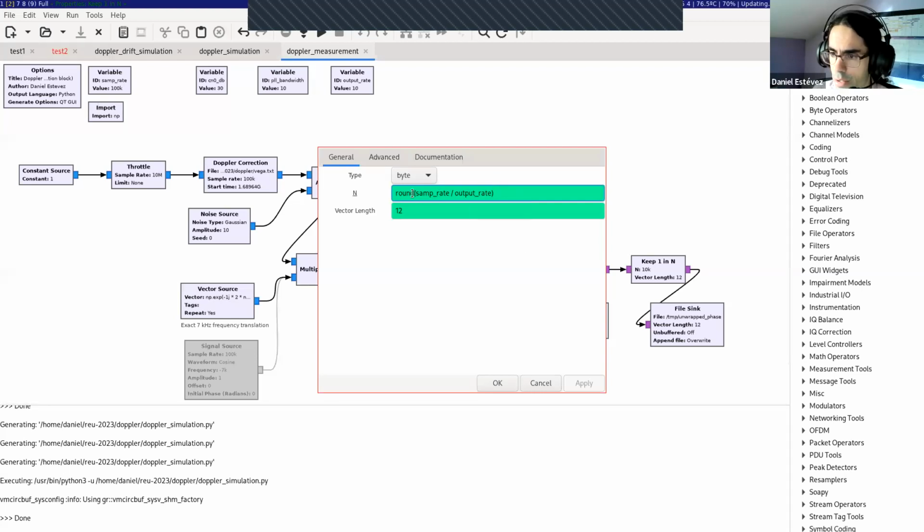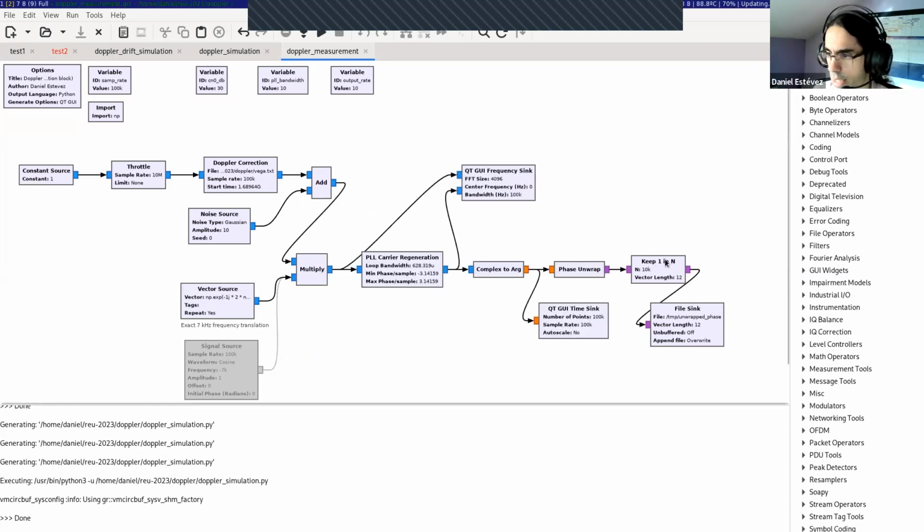And that's because if I have sample rate, which is 100,000, output rate, which is 10, the quotient is 10,000. I round it just in case this is not an integer. And this block, keep one in n, does as its name says. So the first sample in every block of 10,000 is sent to the output.